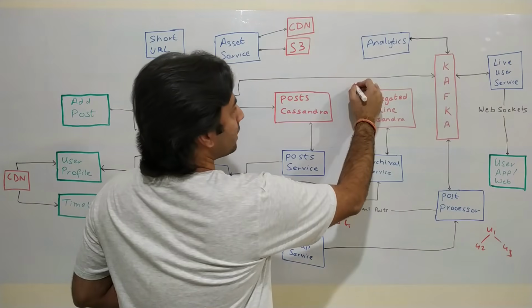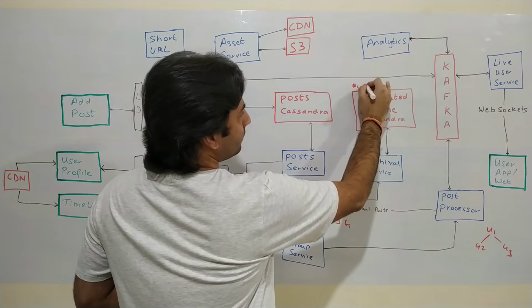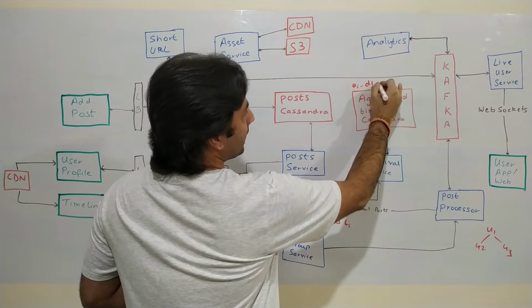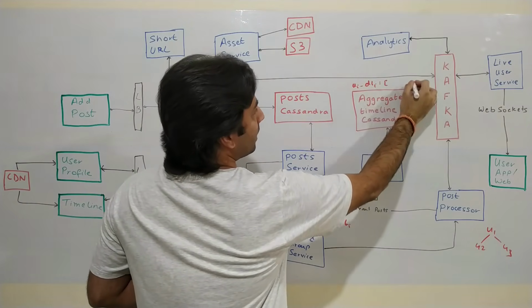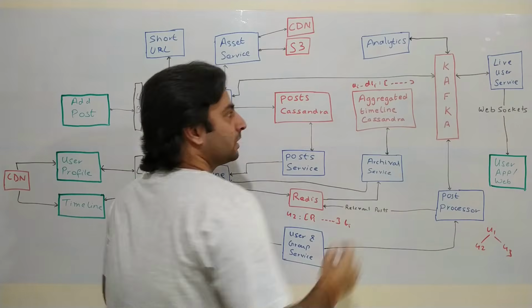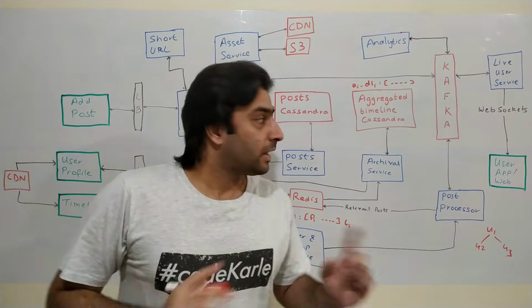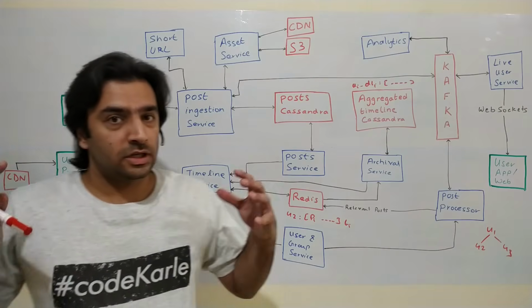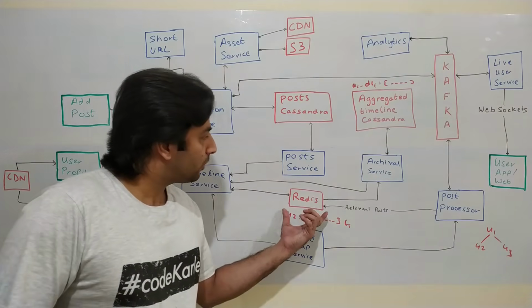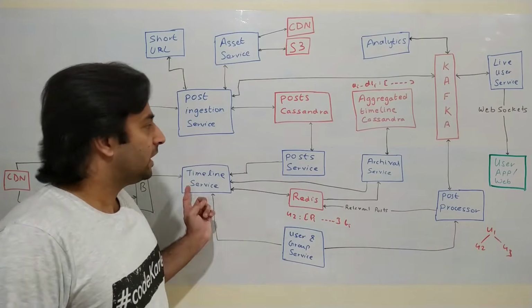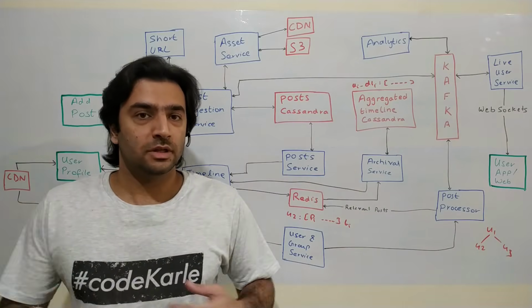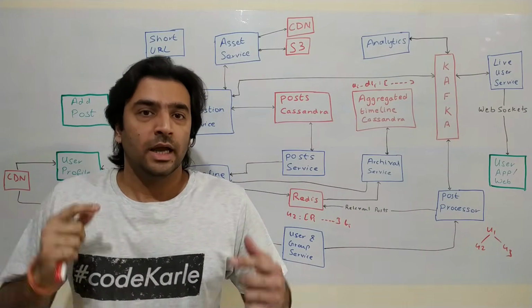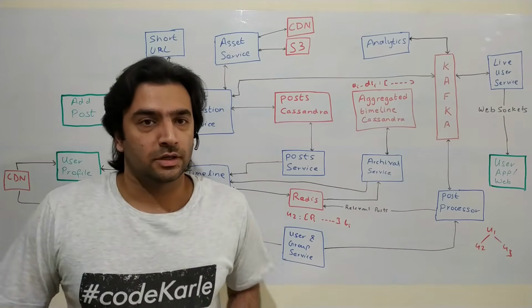Now the format in which it will save is roughly similar to this. It will say that user UI at a date DTI has a timeline of a particular thing, right? Now, coming to timeline service, an actual timeline needs to be created. It will not only query from Redis and post service, it will also query from archival service if the user scrolls down a lot and needs to see yesterday's data or day before yesterday's data.